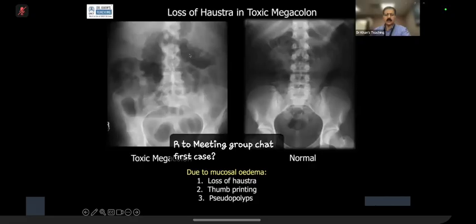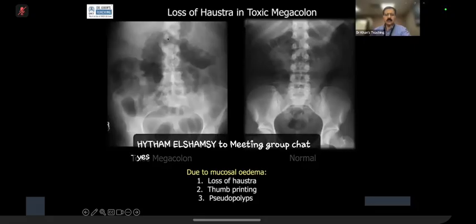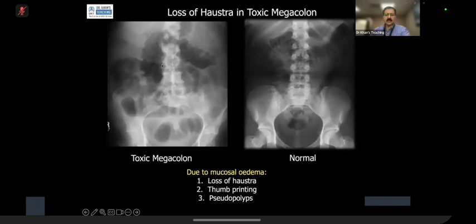I'll show you another slide to show other examples of thumbprinting. And there can be some projecting pseudopolyps, for example, this thing here, this thing here, this, which are projecting inside. They are mucosal tags. So these are words which we use for toxic megacolon.